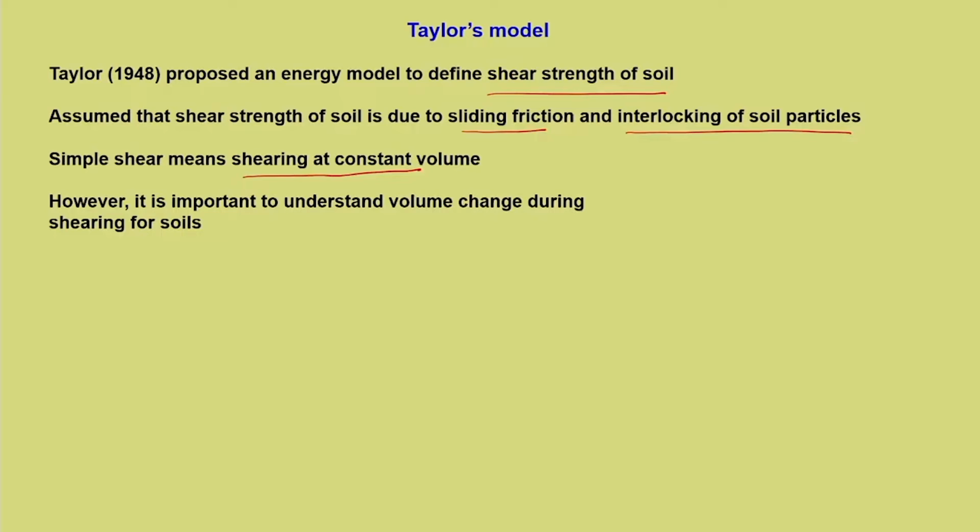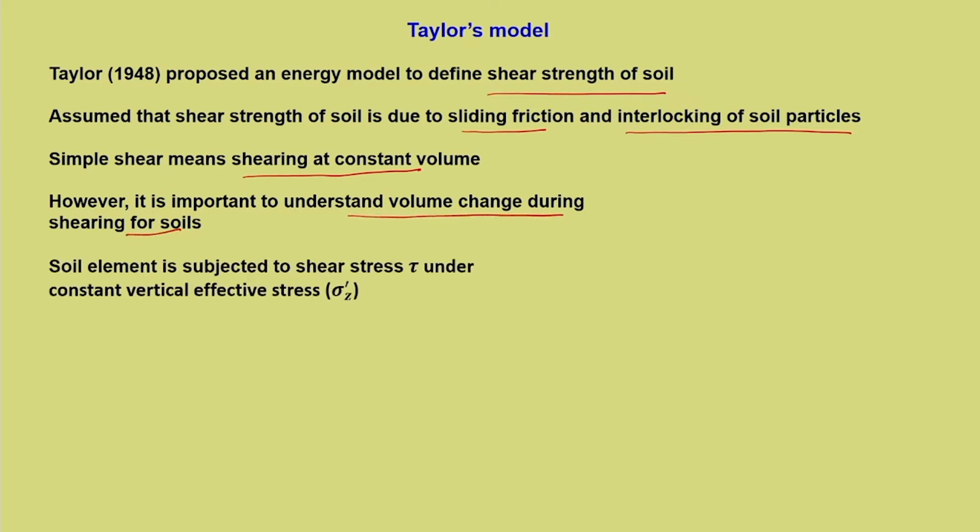So there is a deviation from whatever we learned initially in module 1. We need to discuss pore water pressure or volume change during shearing, and this is very specific for cohesive soils. So it is important to understand the volume change during shearing for soils. There is a sort of deviation from our simple shear concept.